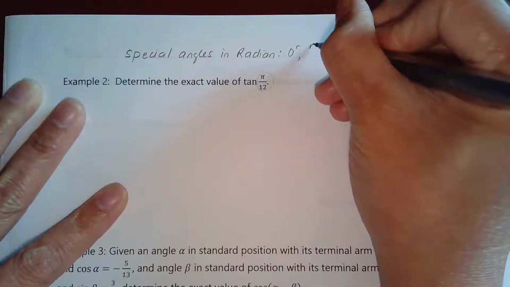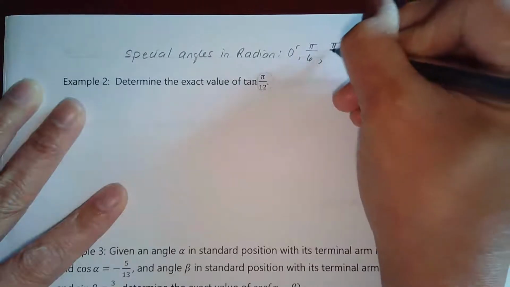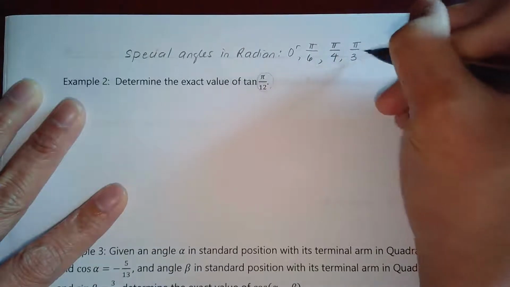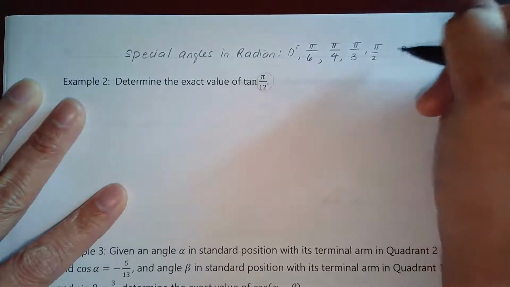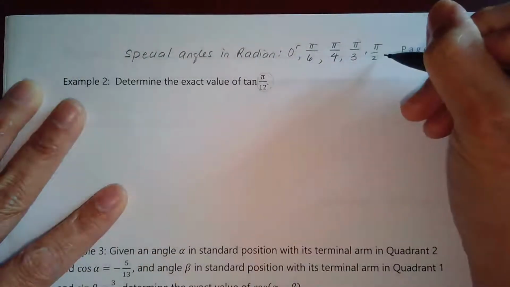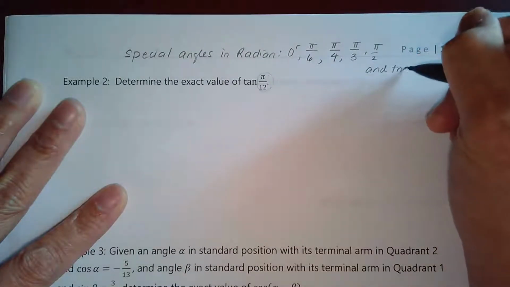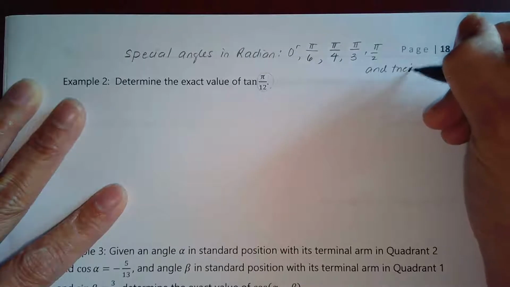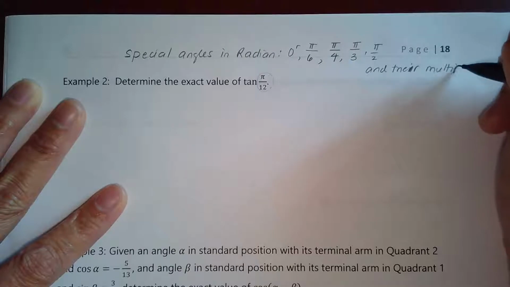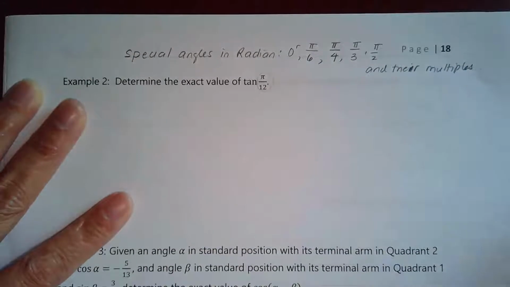The next ones are pi by 6 radians, pi by 4, pi by 3, pi halves, and from here we just have multiples of these angles.